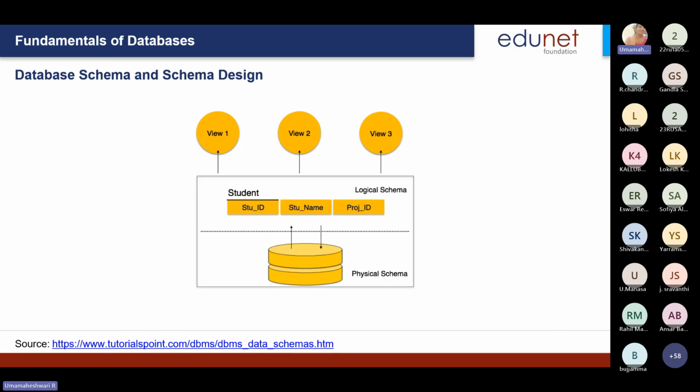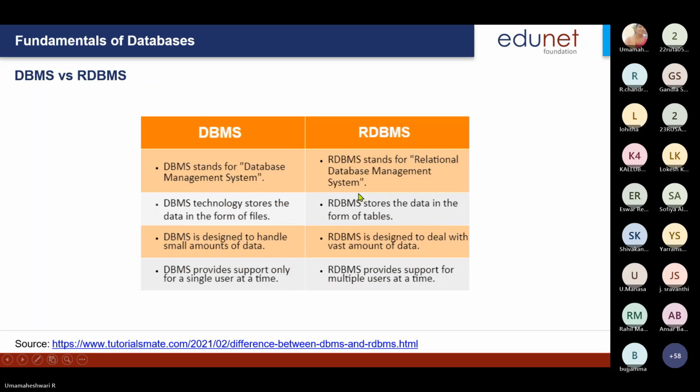Database schema and schema designs. There is a physical schema and a logical schema. A difference between DBMS and RDBMS: DBMS means database management system, and it stores data in the form of files, but here it will be in tables. It is designed to handle a small amount of data, whereas this is a vast amount of data.